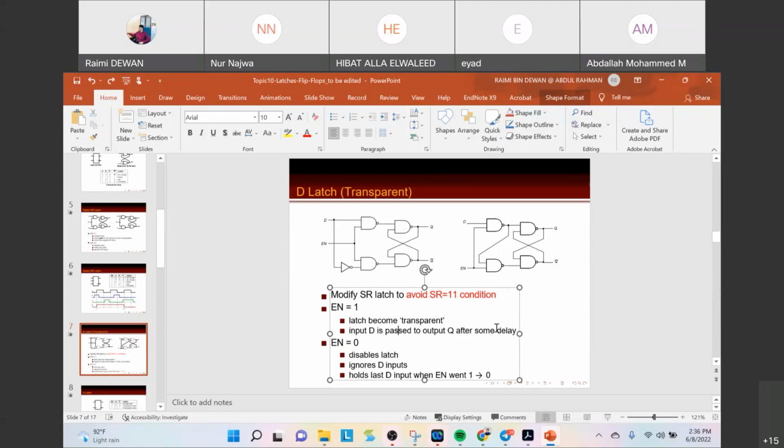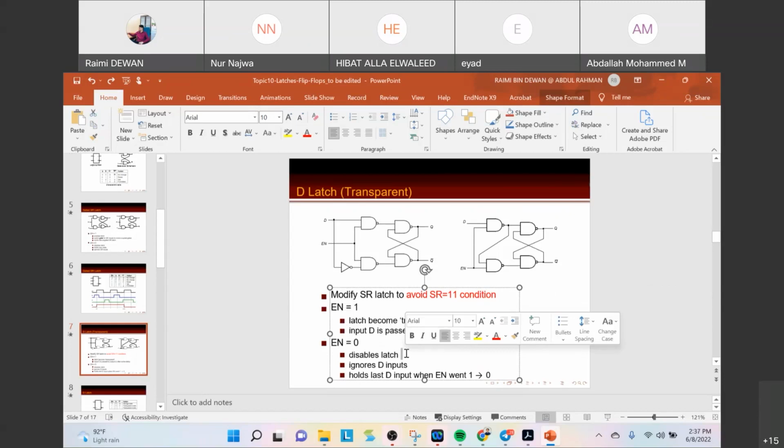So there is some delay. And when enable is 0, it doesn't perform the latch operation. It's important for you to understand the latch operation first, because it has been used in the gated SR latch. It is also used in the D latch.